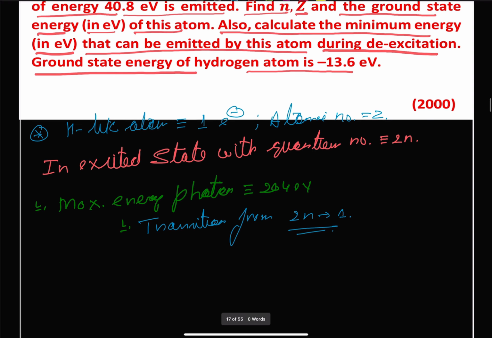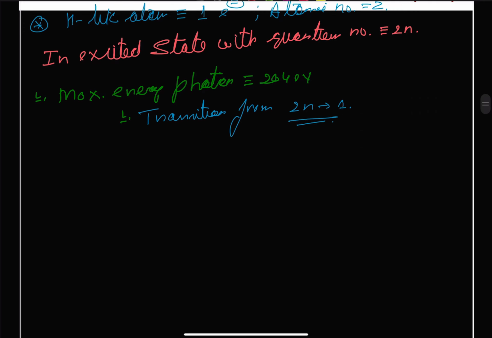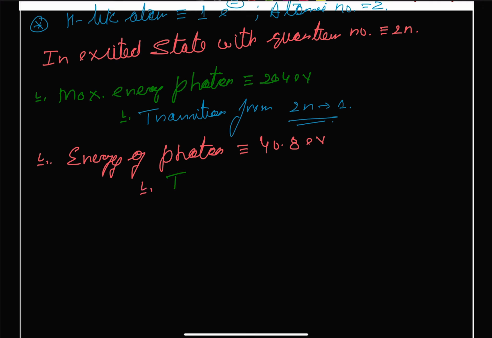And it also states that if it makes a transition to quantum number state n, the energy of the emitted photon is 40.8 electron volt, and this is when the transition is from 2n to n.